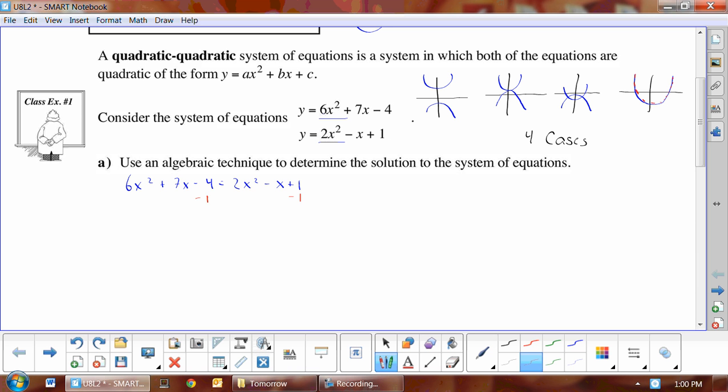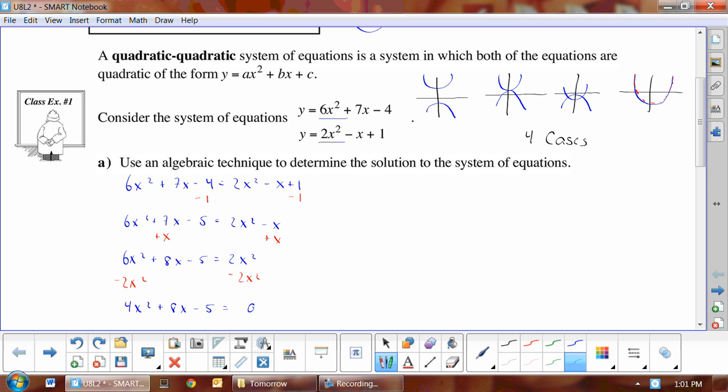So we're going to subtract 1 from each side, and add x to each side, and then subtract 2x squared. Okay, so that gives us 4x squared plus 8x minus 5 is equal to 0.